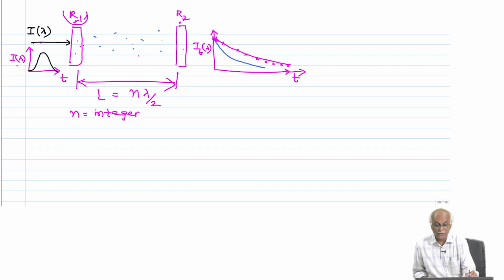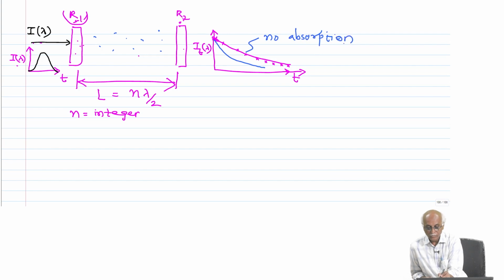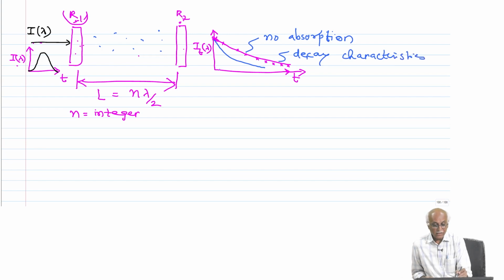Because of the absorption coming into the picture. Previously, with no molecules, there was no absorption at all, because no molecules were present to absorb the incoming light. In that case, the decay characteristics are shown like this, the output intensity decay, and now in the presence of absorbing molecules, in the presence of absorption.